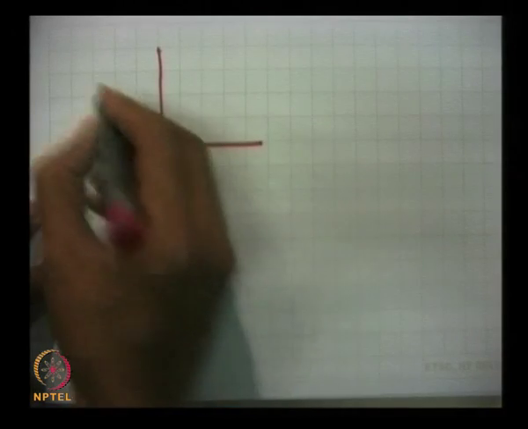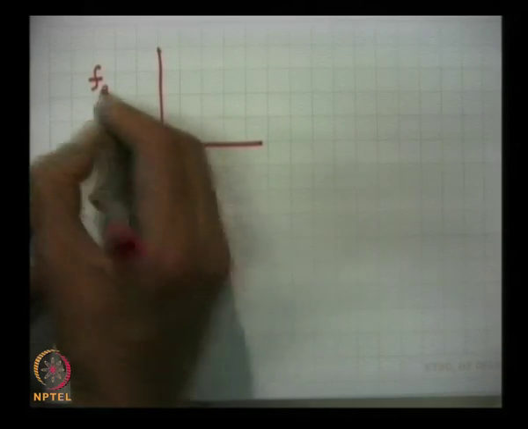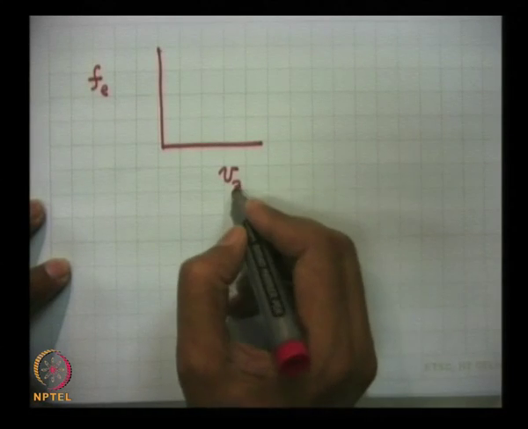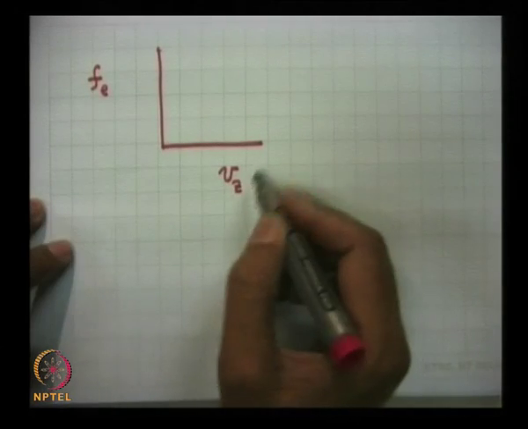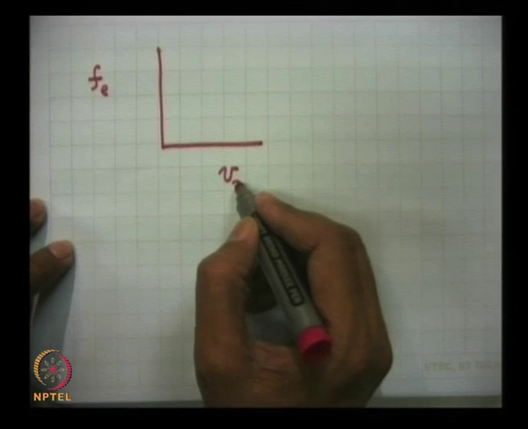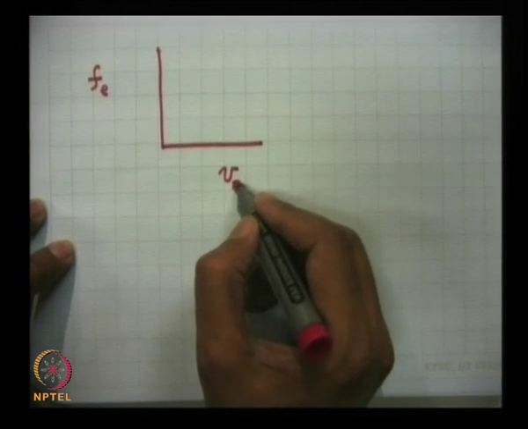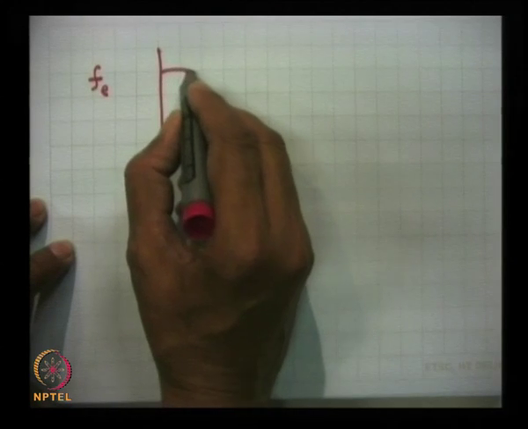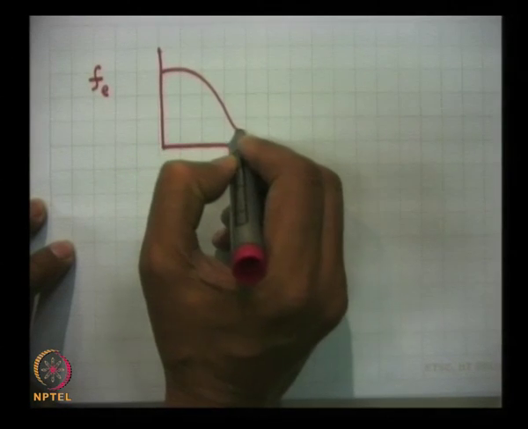The distribution function for electrons, if I plot as a function of z velocity or perpendicular velocity or any velocity, I think I should plot v perp here, then this will turn out to be like this for electrons.